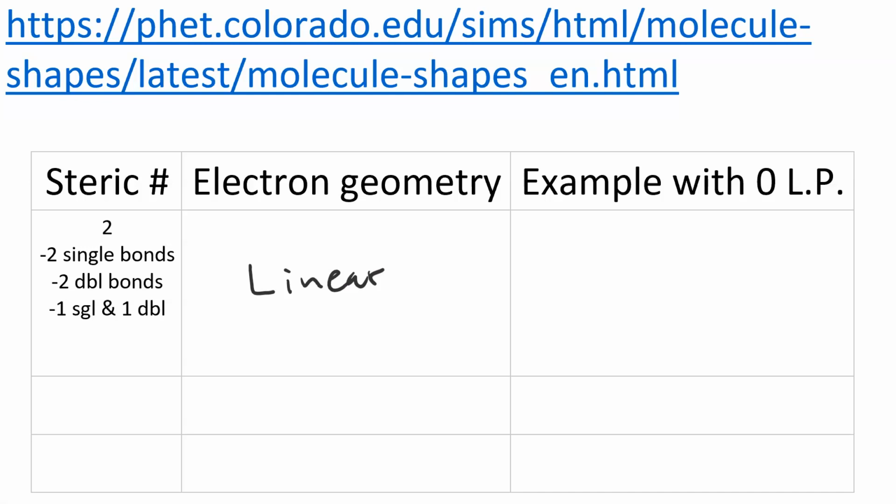An example of a linear molecule with 0 lone pairs is carbon dioxide. If you go through the steps to draw its Lewis structure, you'll see it looks like this.